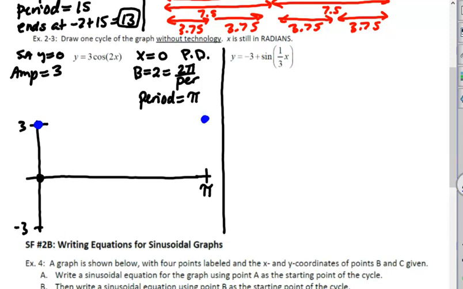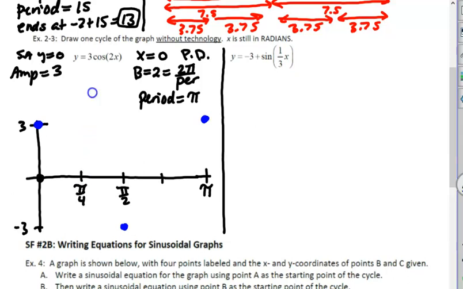The middle point, we need to have a middle value on our x-axis. So halfway between 0 and pi would be pi over 2. That would be where the middle point is, and that would be the low point on a cosine graph. And then we need something halfway in between each of these for the points on the sinusoidal axis. So halfway between 0 and pi over 2 is pi over 4.